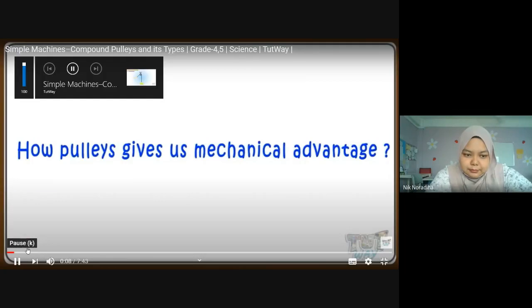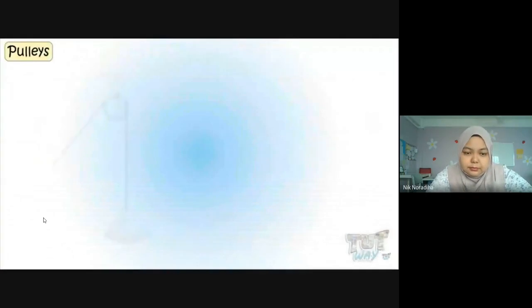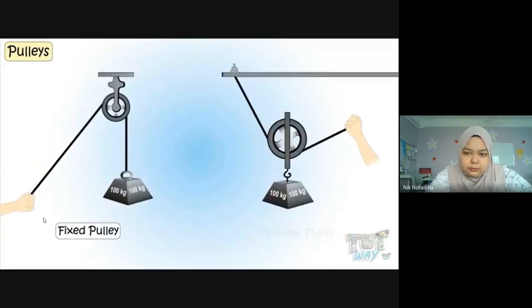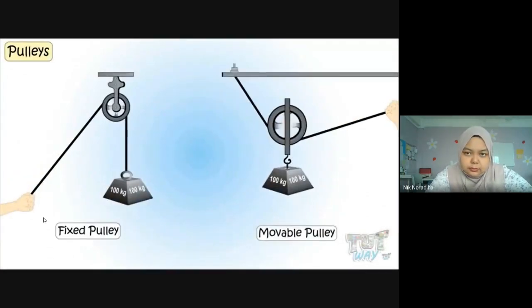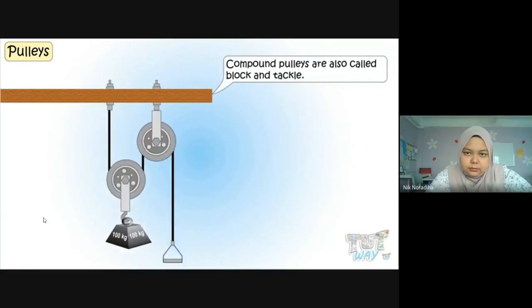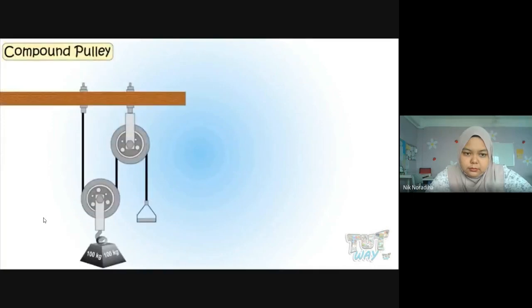We now already know what are pulleys and that pulleys can be fixed or movable. Compound pulleys are called block and tackle and is a combination of one or more movable pulleys. Now let's learn more about compound pulleys and the mechanical advantage they offer.